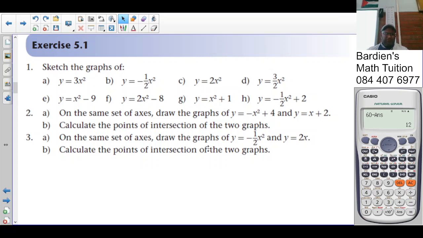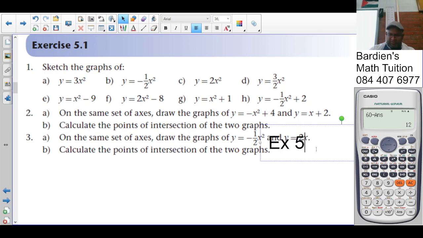Okay. So I'll do number 2B. Okay. So this is exercise 5.1. And this is on page 115.